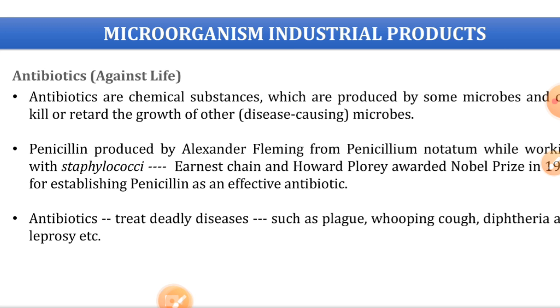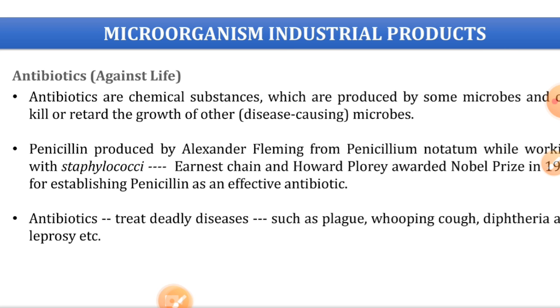Alexander Fleming was working with a bacteria called Staphylococcus or Staphylococci, right? He saw in his petri dish that where a special type of mold or yeast, called Penicillium notatum, had grown, there was no effect of that bacteria.